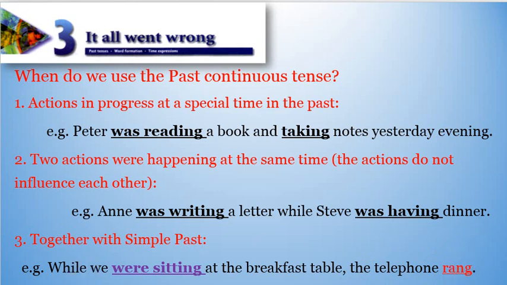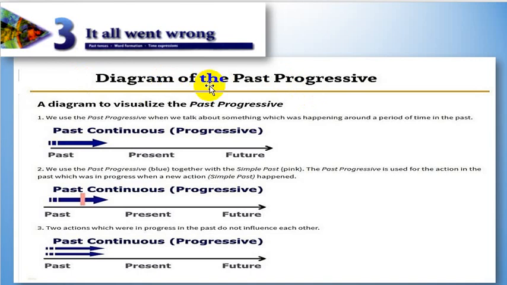Okay? Now, the diagram of the past progressive tense, as we said, the situations. We use the past progressive tense when we talk about something which was happening around a period of time in the past. The long blue arrow refers to the process in the past. We also use it together with the past simple tense, and the pink bar, the action of interruption, interrupted the process.